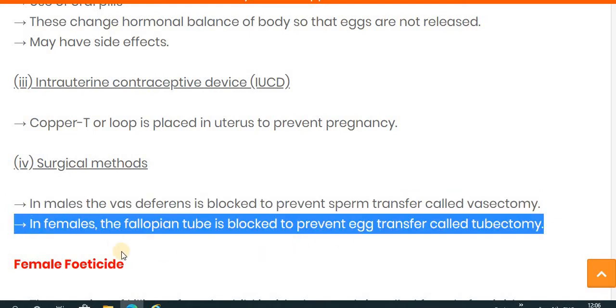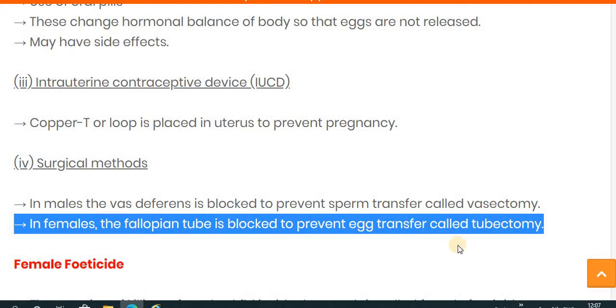Whereas in the female, the fallopian tube is blocked to prevent egg transfer, called the tubectomy. As we know, whatever egg, or you can say ova, is produced is transferred by the fallopian tube, and fertilization takes place in the fallopian tube. So in the female, the fallopian tube is blocked, and if it is blocked, the transfer of the egg can be prevented.